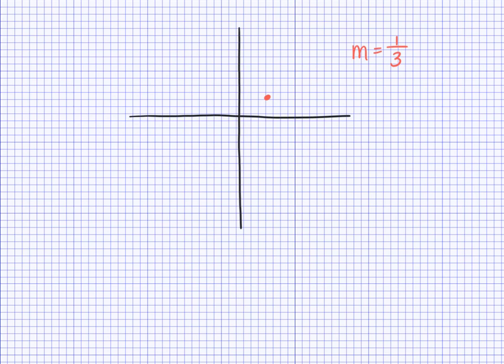Before we get into actually how to write the equation, I want to practice drawing some lines first. Okay, so on this graph, I have a dot on the graph, an ordered pair plotted at 3, 2, and then I've given you one piece of information. I gave you the slope, which is 1/3.